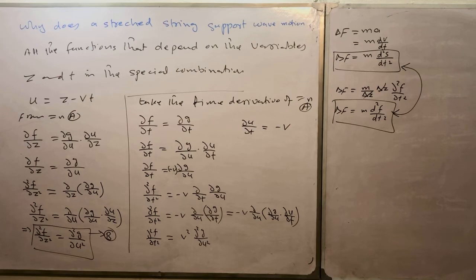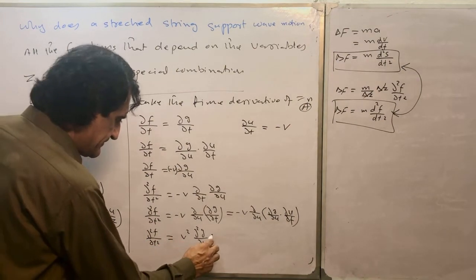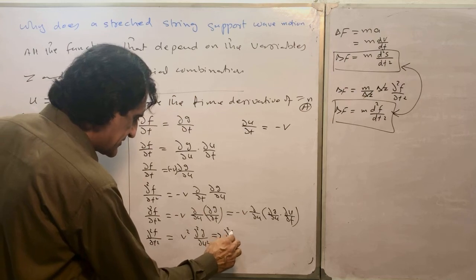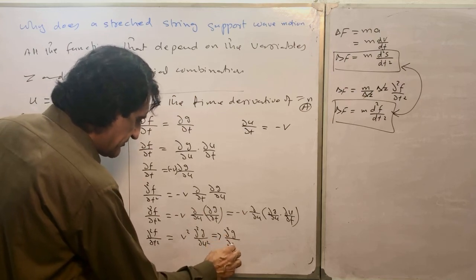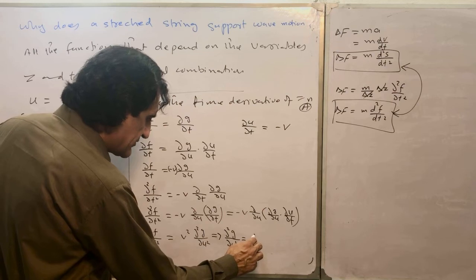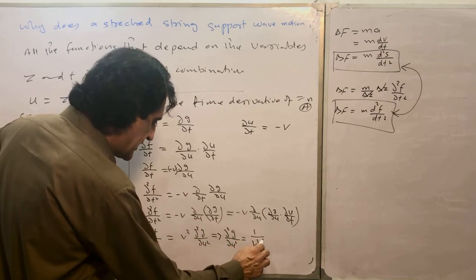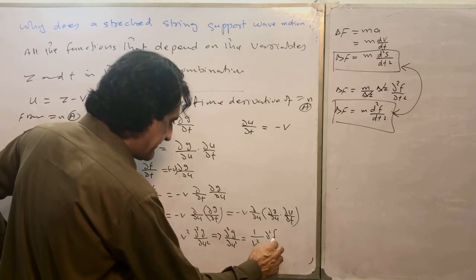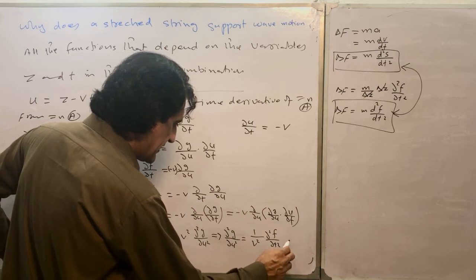And from this equation, if I calculate partial square g divided by partial u square, then this will be equal to 1 over v square, partial square f divided by partial t square.